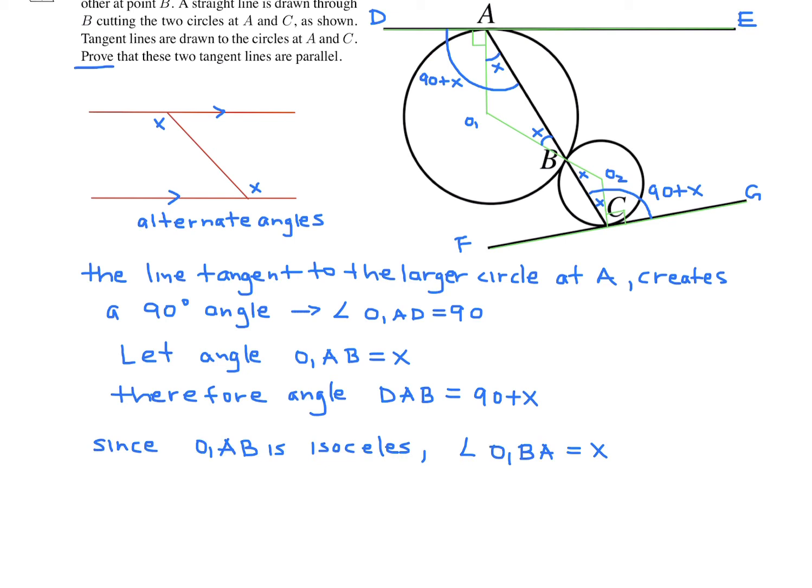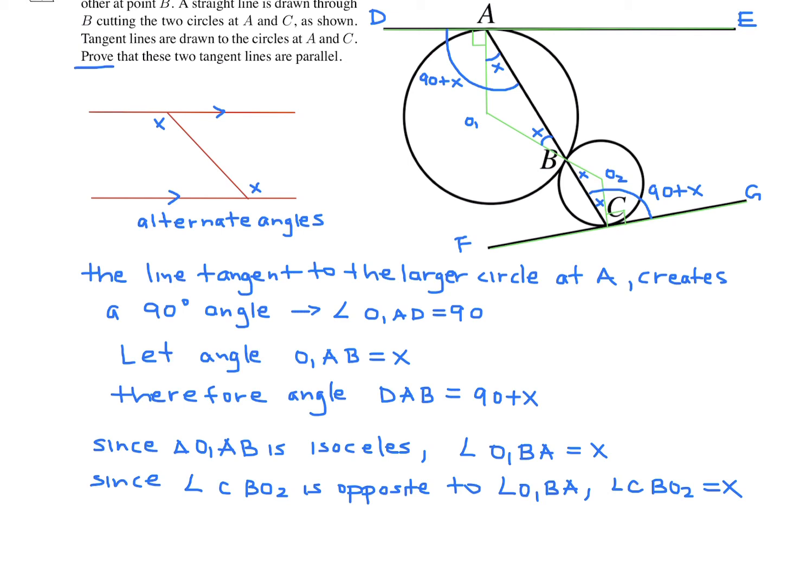So since triangle O1AB is isosceles, the angle O1BA is equal to x. And now we have to look at the fact that this angle in here, CBO2, is opposite to this angle, and therefore they're equal to each other.